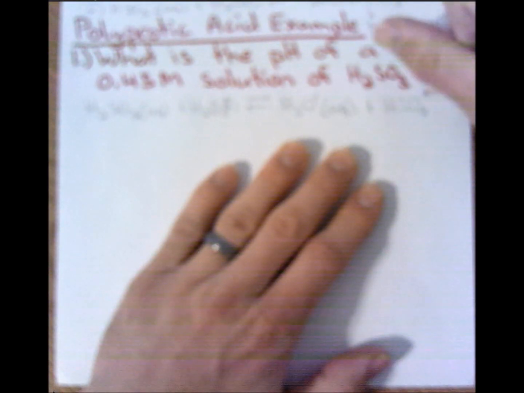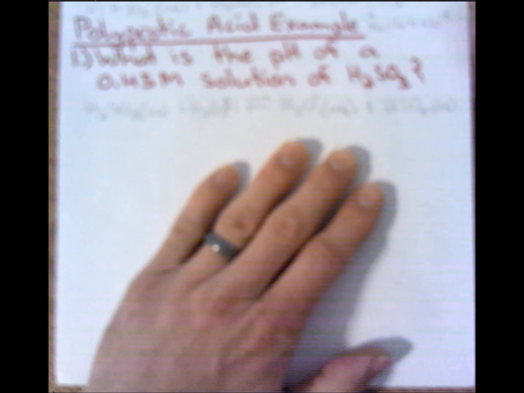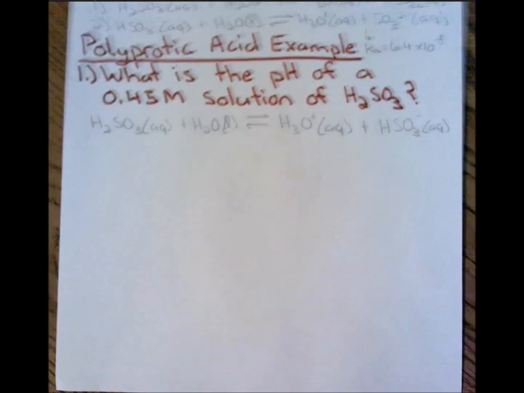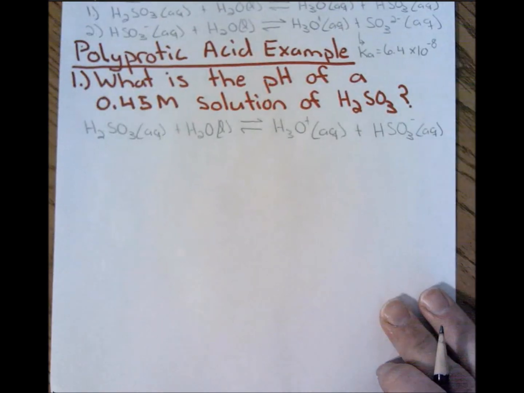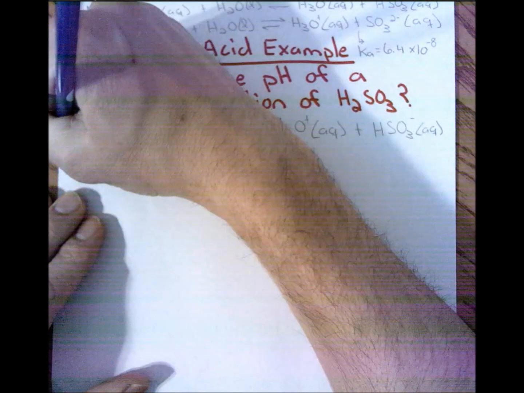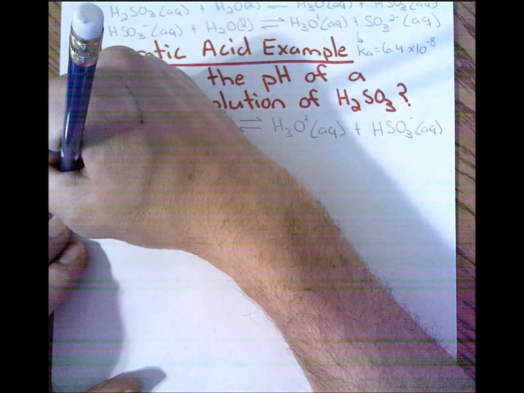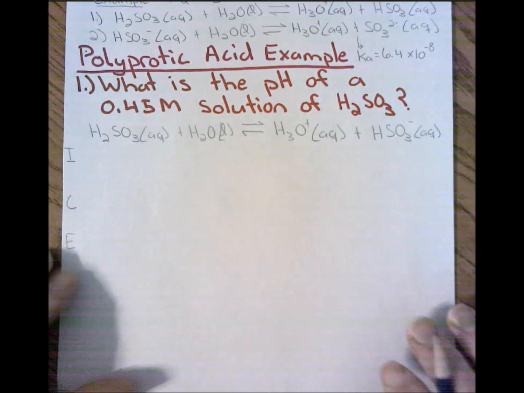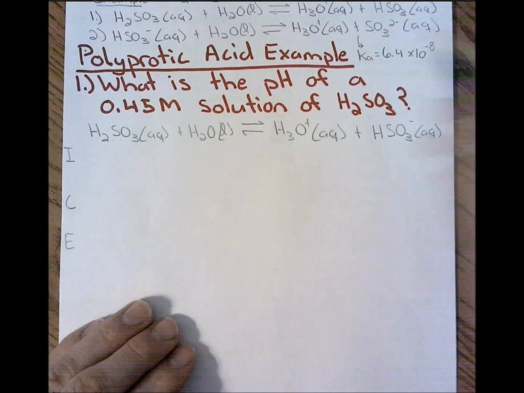So what we get into is this. Because it's a weak acid, we need to set up our ice chart. So initially we have 0.45 molar. We don't need to worry about water, and initially there's no hydronium and there's no HSO3.